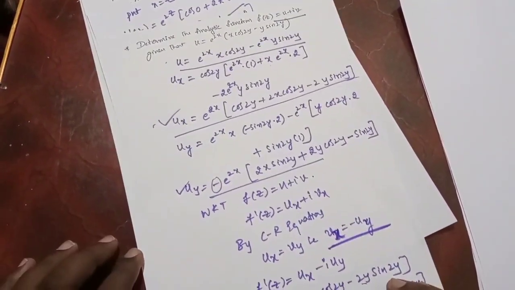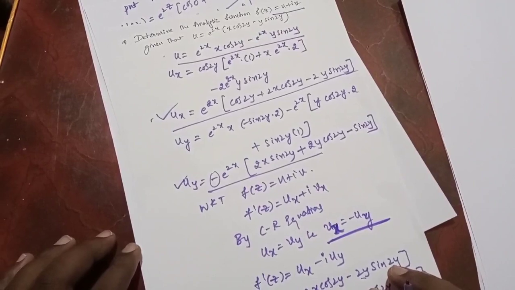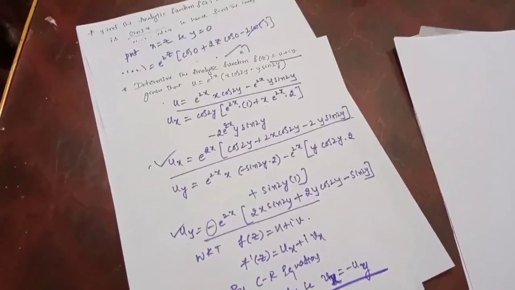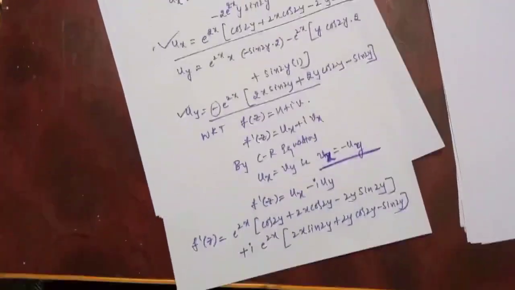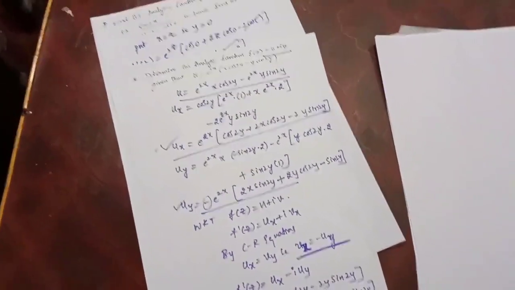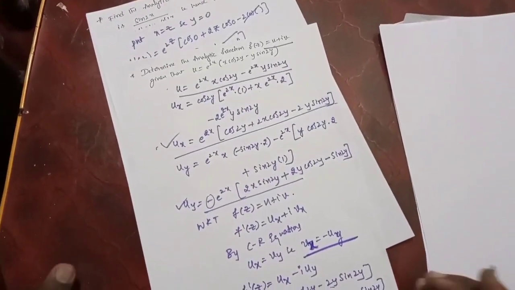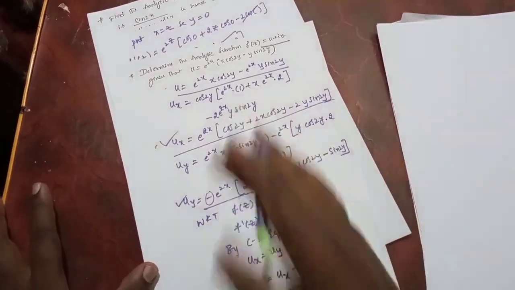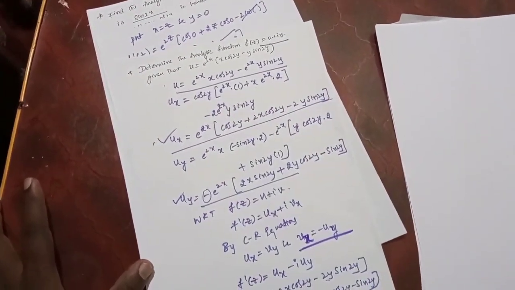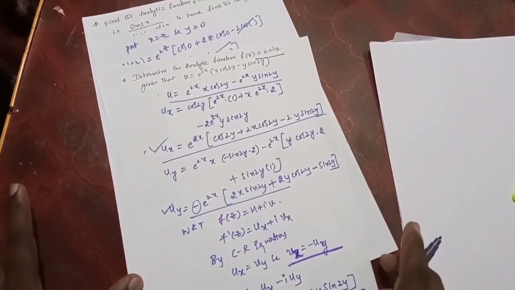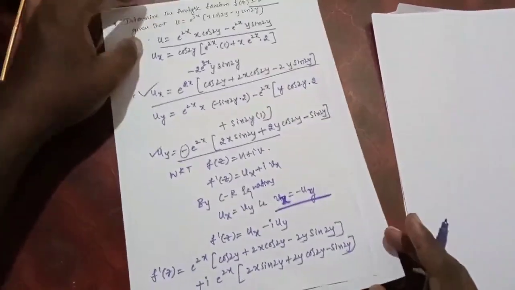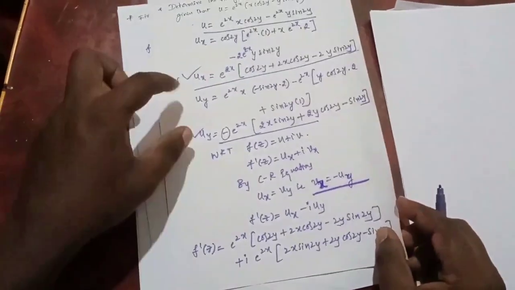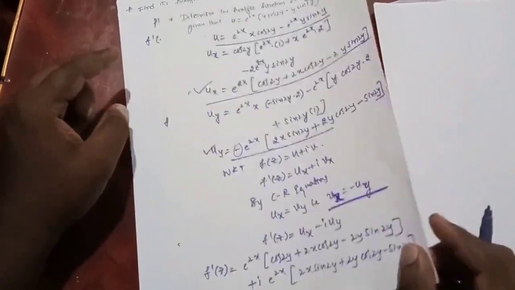So determine the analytic function f of z equal to u plus iv given that u equal to, real part is given. So by using that we have to find the analytic function. Here the main thing is partial differentiation.